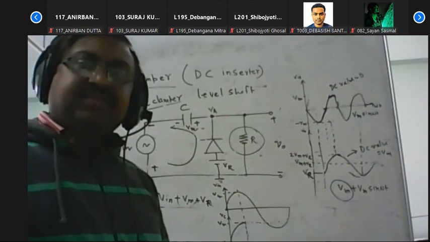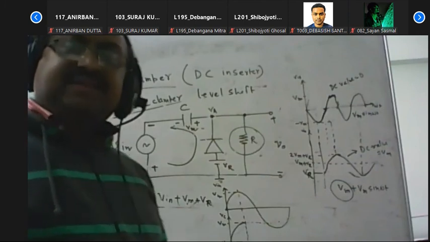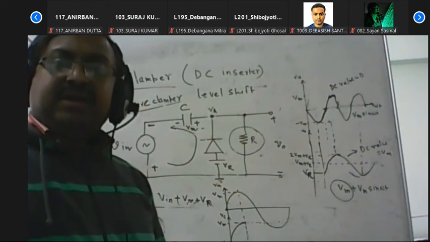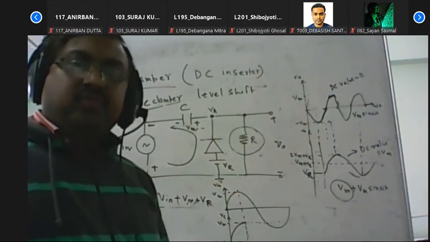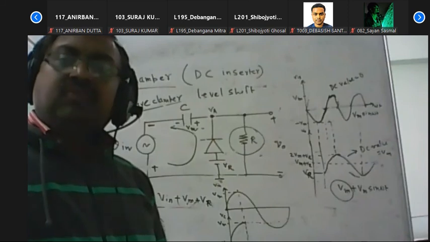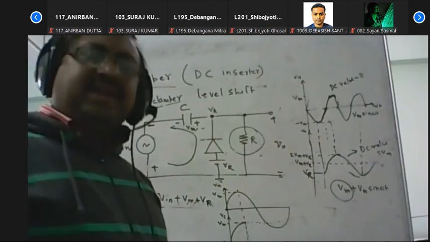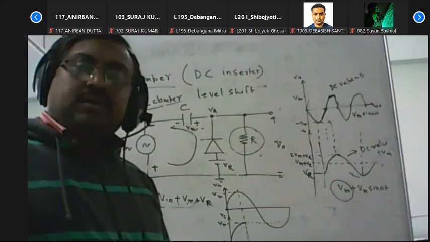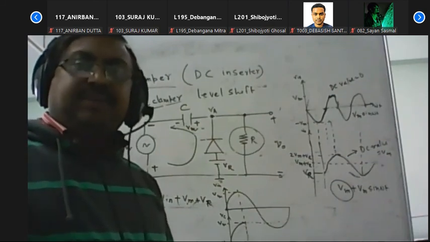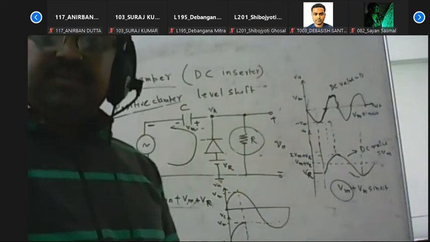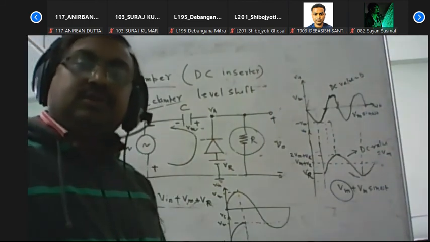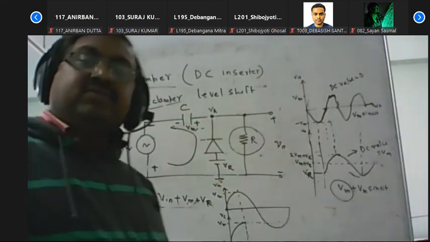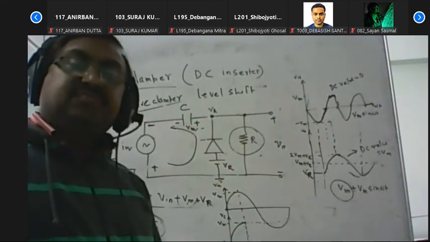Next, it can be used as a voltage multiplier. Say we need 24 volts to appear across the load, but only a 12 volt supply is present in the lab. In that case, using the clamper circuit, we can build a voltage multiplier circuit.